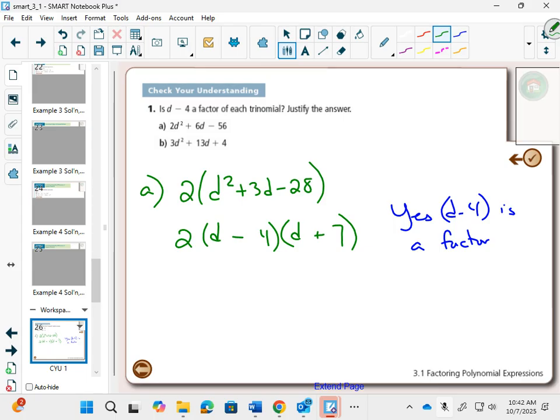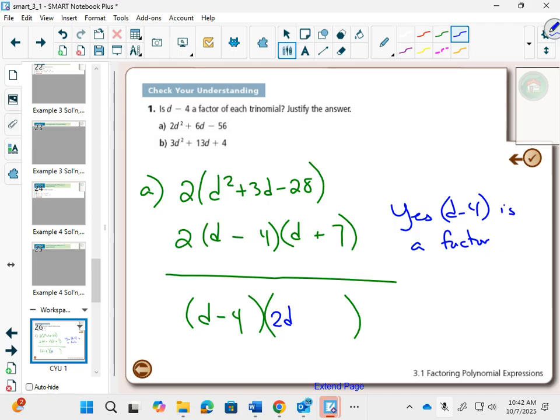Method 2 for this same question. You start with d minus 4. If this is d minus 4 here, and this is what I want to get as an answer, do you see that your first one would have to be a 2d to get the 2d squared?